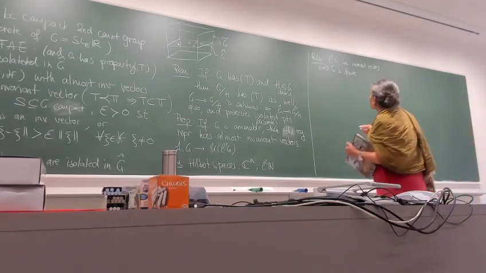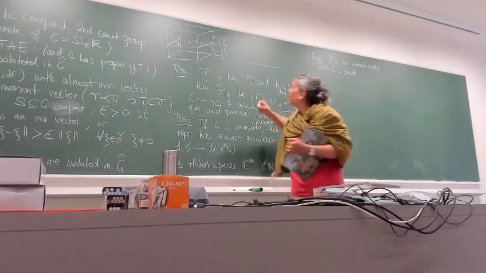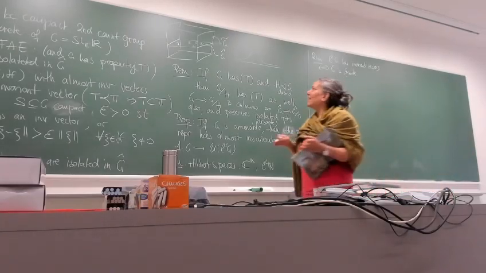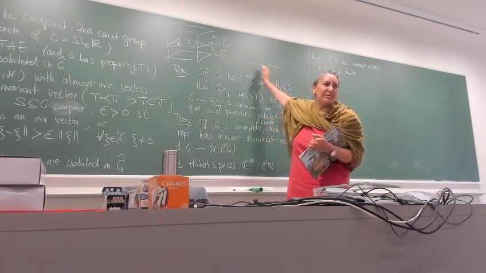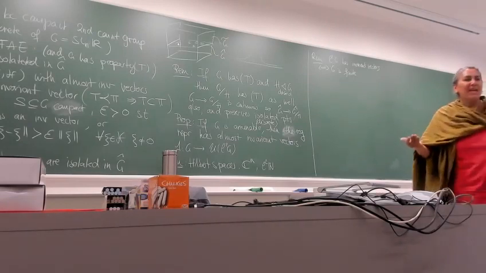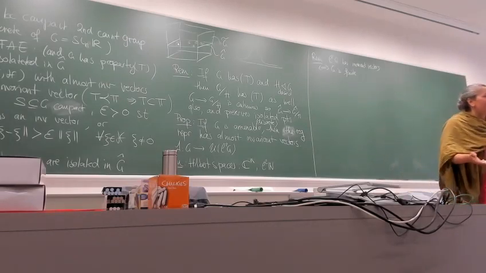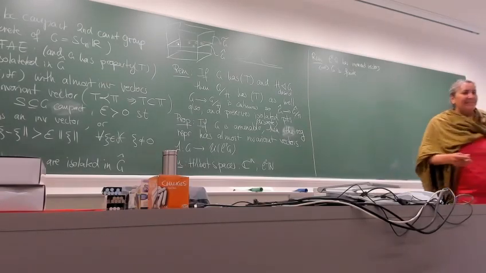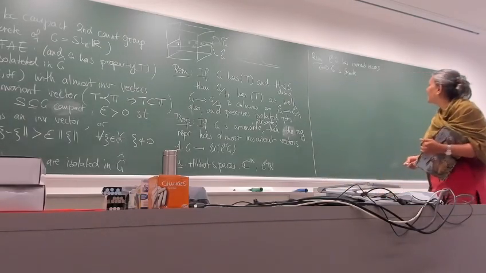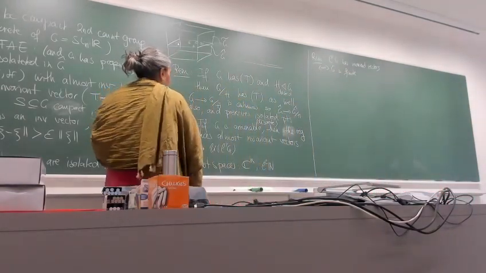Because an element in L2G is something like this, and G is going to move your thing around. The only way you can be invariant is to be constant, but constant on an infinite set that charges every point, where you have to count every point, means you're zero.